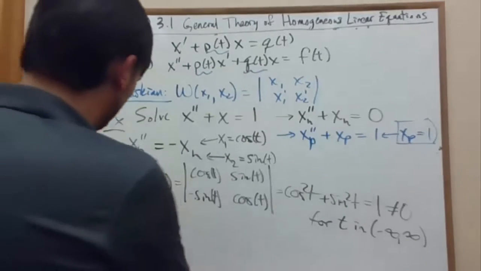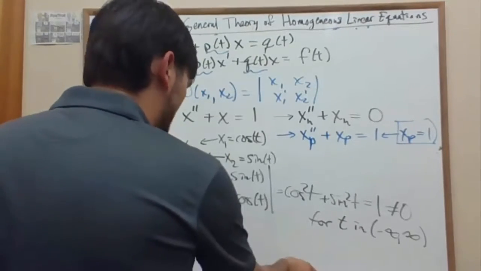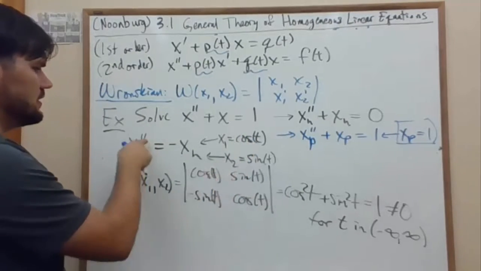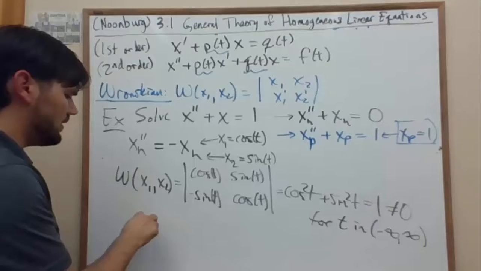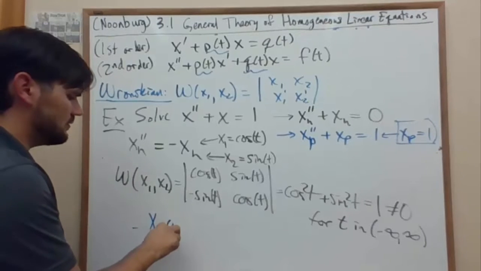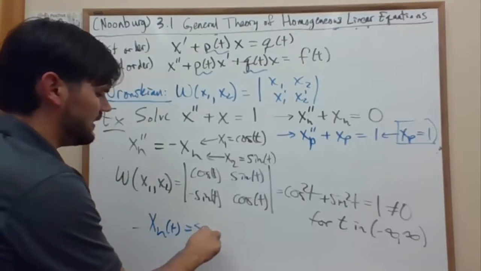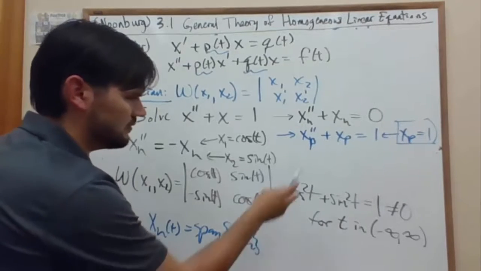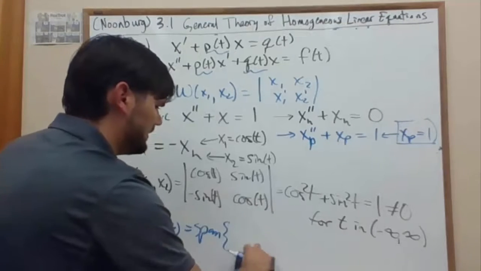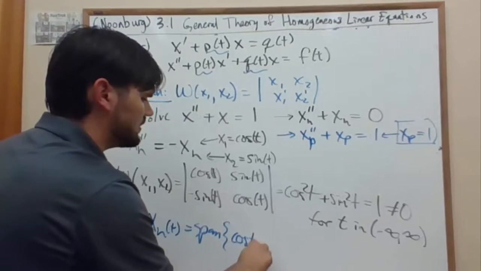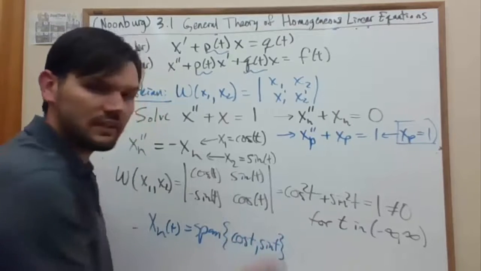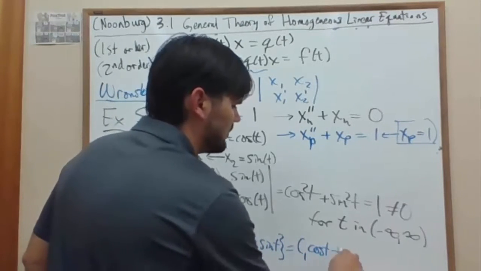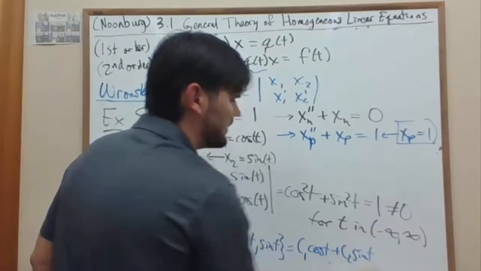Okay, so what does that mean? Well, since the Wronskian is never 0, and we have enough functions to match the dimension of our space, we know that the homogeneous solution is equal to the span of x1 and x2, which, well, I'll just write them in there. The span of cosine of t and sine of t, which I can also write as c1 cosine of t plus c2 sine of t.